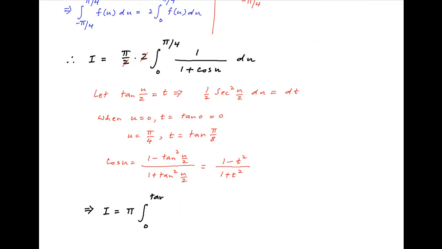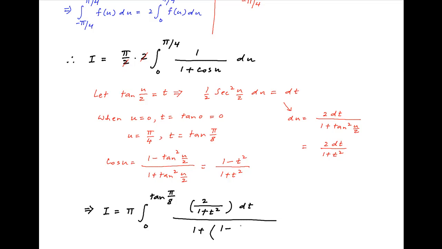Using these results, I can be written as pi times integral t going from 0 to tan pi upon 8. du can be replaced with 2 dt upon sec square u upon 2, but sec square u upon 2 is equal to 1 plus tan square u upon 2. And therefore du can be replaced with 2 dt upon 1 plus t square. And 1 plus cos u can be replaced with 1 plus 1 minus t square upon 1 plus t square.